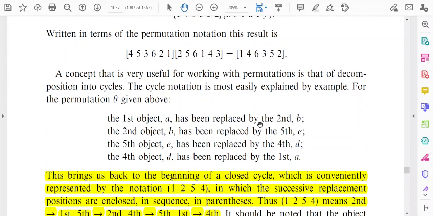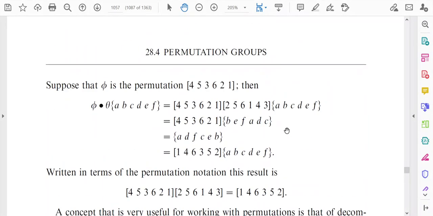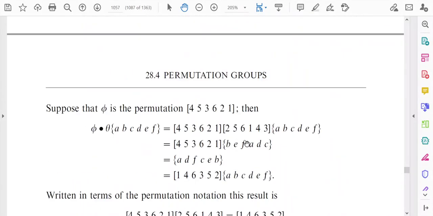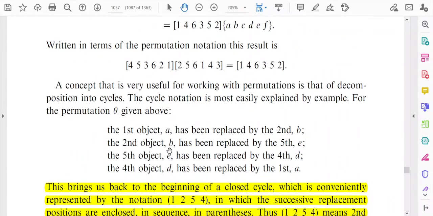been replaced by the second, B. So let us verify. First object A has been replaced by the second object B. So first object was A and here it is B. And second object was B, but the second object has been replaced by the fifth object E. So we are writing in this way, second object B has been replaced by the fifth.